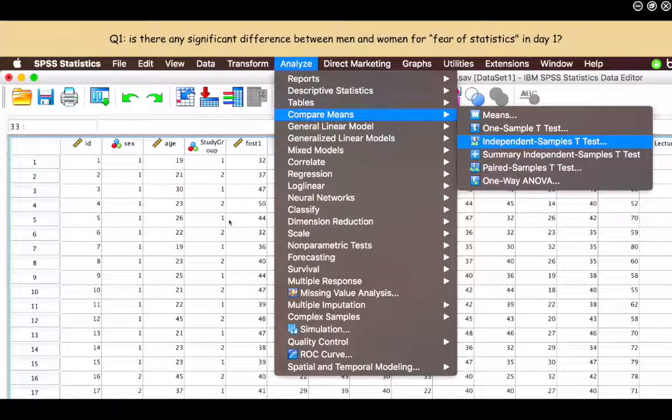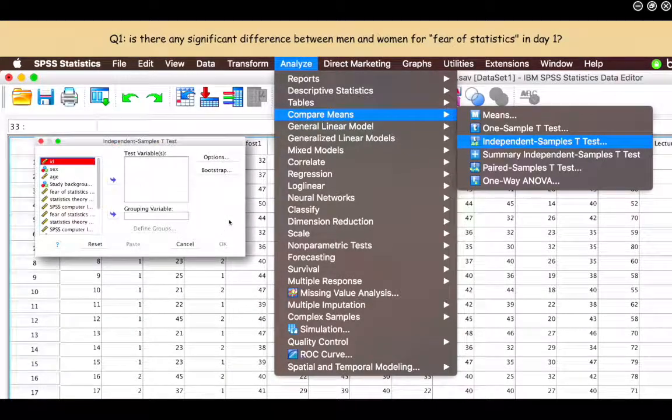In SPSS, we are going to click Analyze, and then we choose Compare Means, Independent-Samples T Test, and you will be presented with a dialog box like this one.